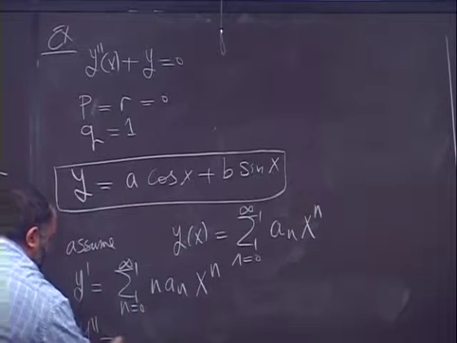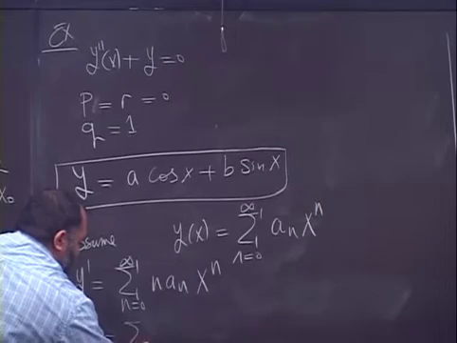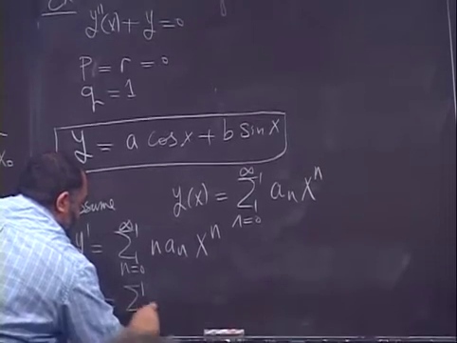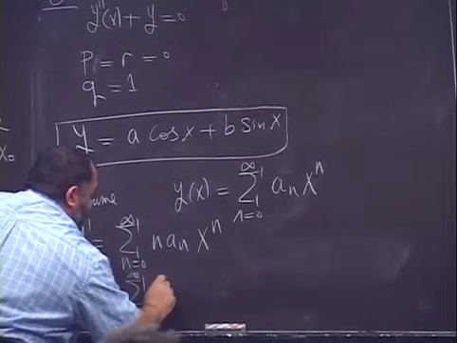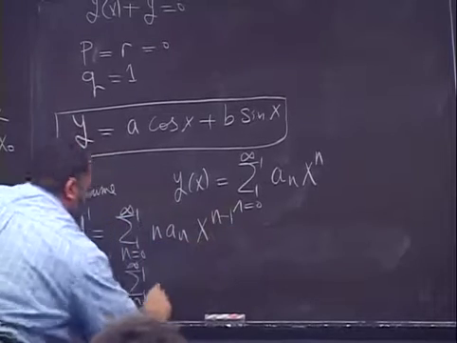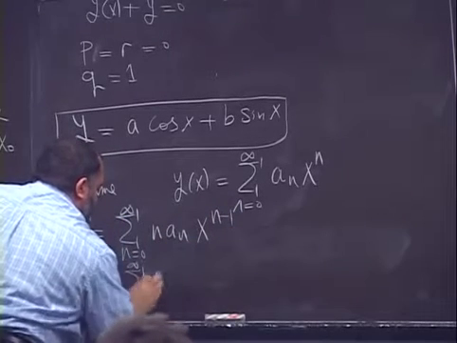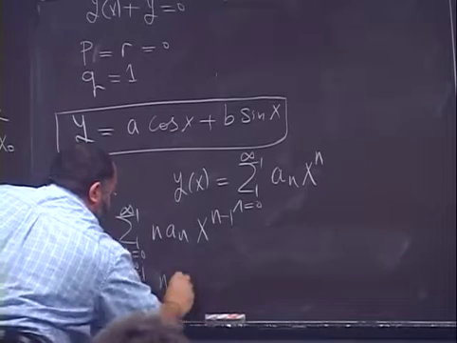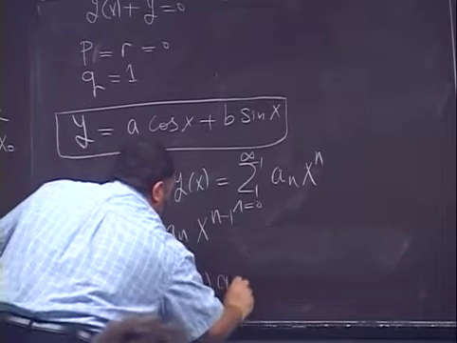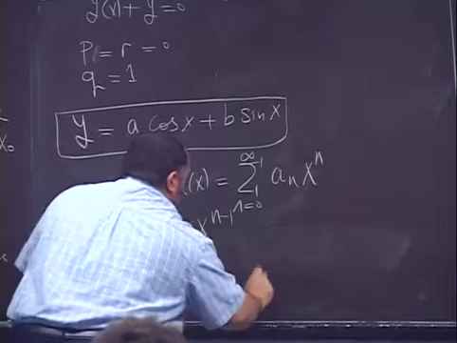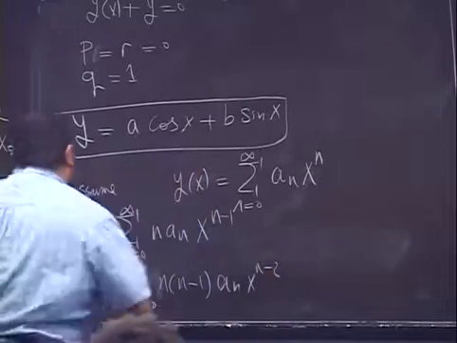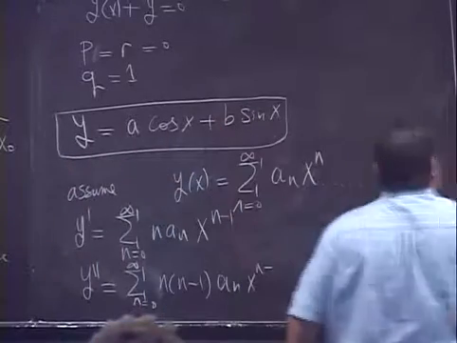What's y double prime? The summation from n equals 0 to infinity of n multiplied by n minus 1 an x to the power of n minus 2. Then we will substitute as we did before.